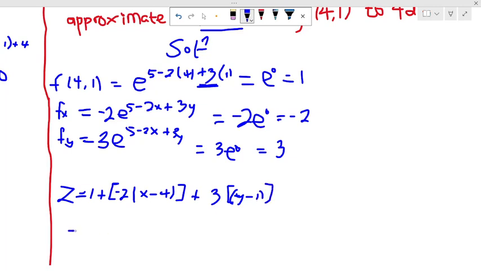So now evaluating this, we have negative 2 times x gives us negative 2x. Now plus 3y.